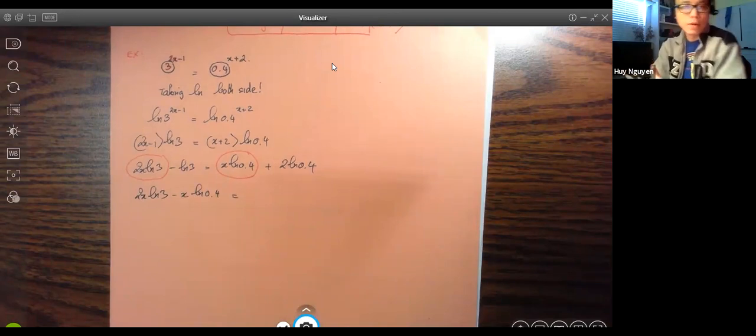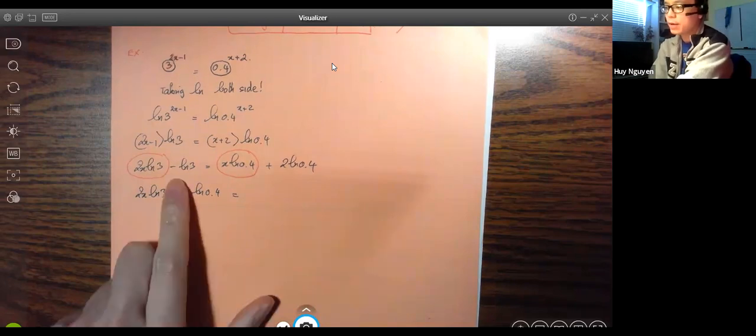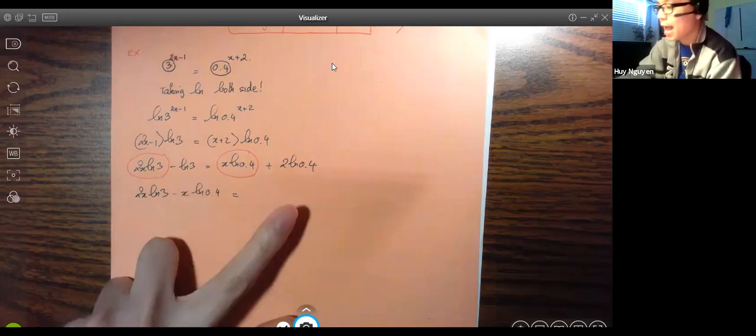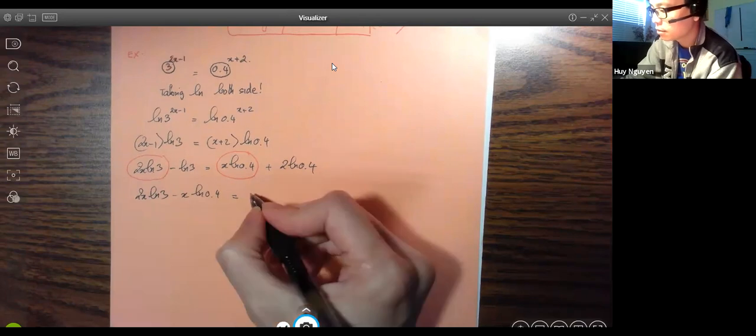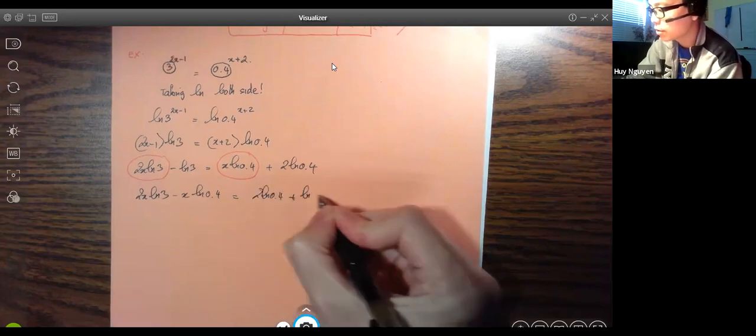You know what I mean when I say move, right? It means you subtract both sides. And I move negative ln3 to the right hand side, I mean I'm adding ln3 to both sides.